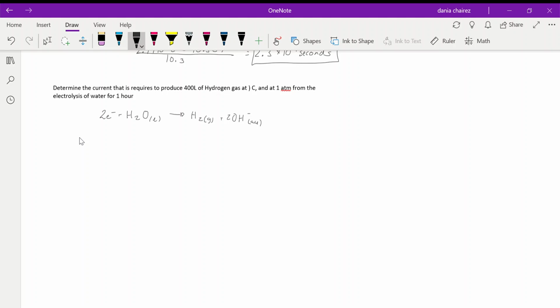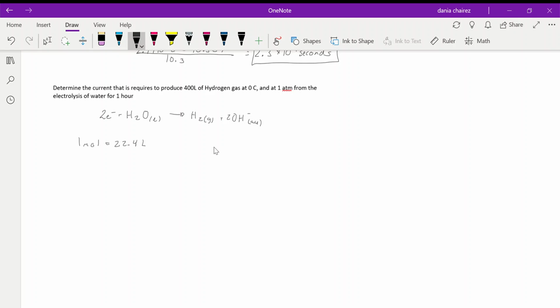Right, so then we're going to calculate our moles of H2, because if you guys remember, at standard conditions, which is 0 degrees Celsius and 1 atm, 1 mole equals 22.4 liters.